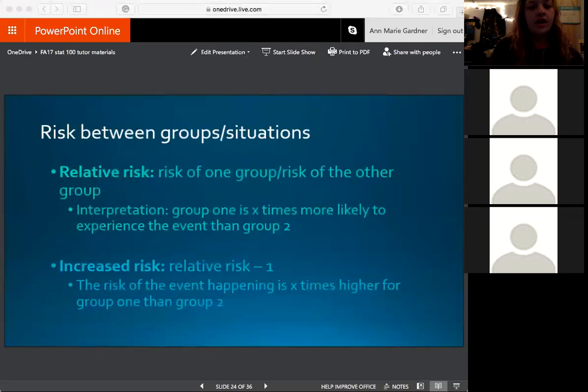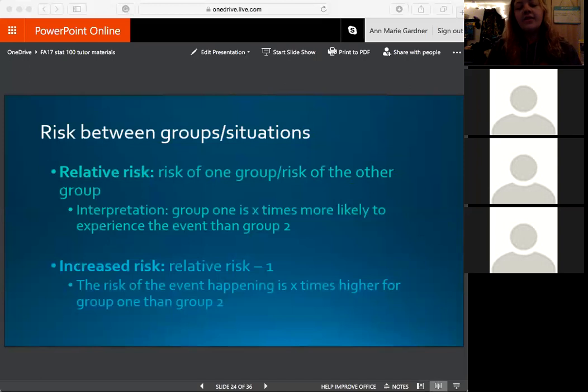Okay, so risk between groups or situations. Our relative risk is saying that we have the risk of one group divided by the risk of the other group. So that's showing the relationship between them. So group one is how many more times likely to experience the event than group two. So we are comparing groups here and saying how much more likely or less likely one is to experience the event.